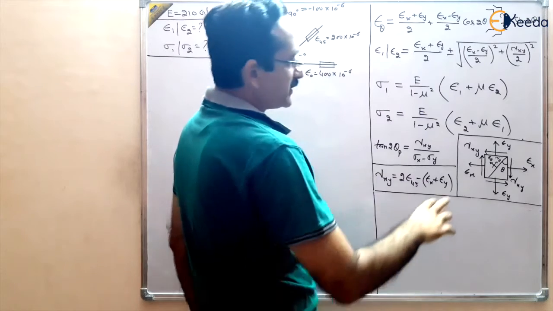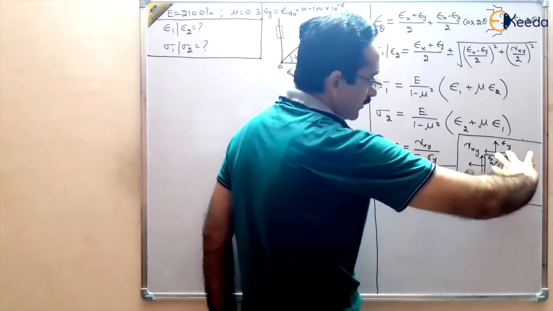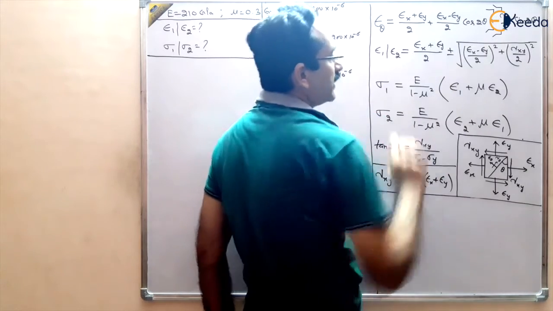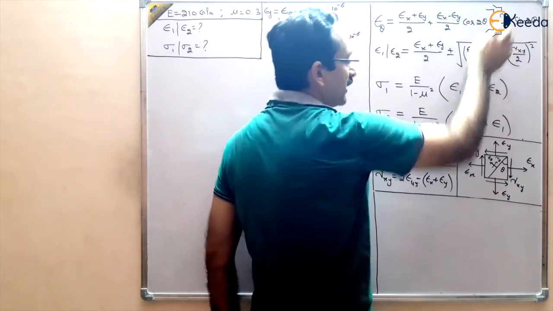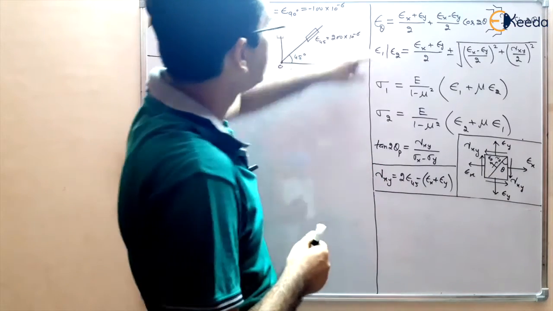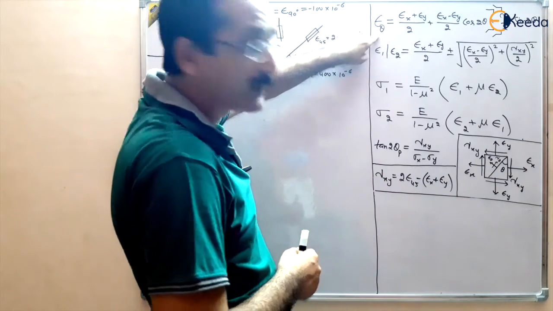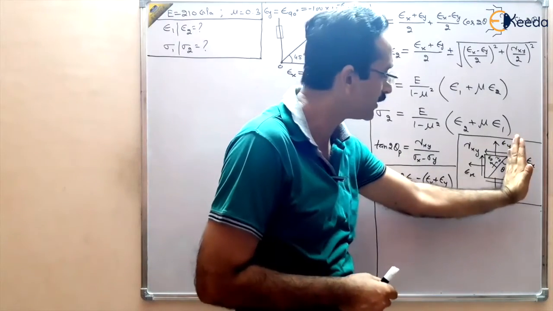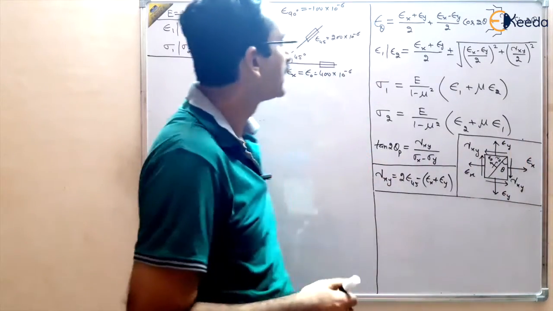Also the shear strain we have taken the clockwise at the plane of epsilon x, that's why it is positive here, otherwise it would have been negative if the shear strain is opposite to this, right? So this is the normal strain at angle theta to this plane, our reference plane, epsilon x plane, right?